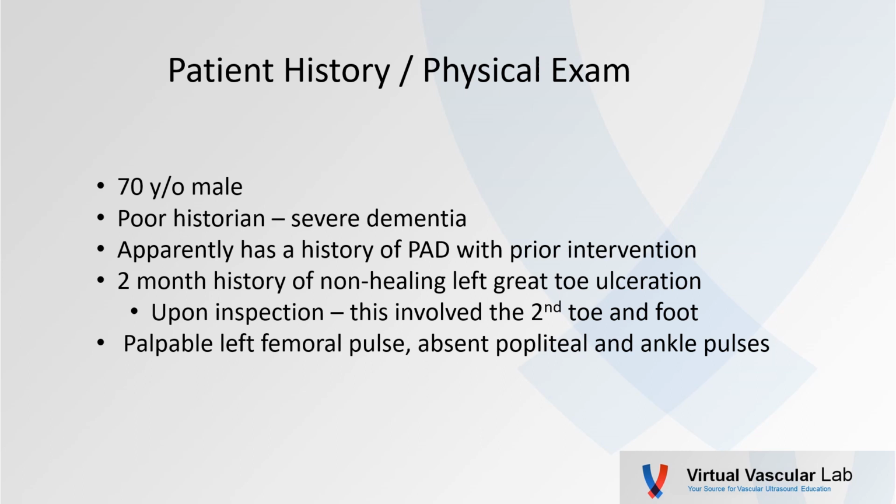He had a 2-month history of a non-healing left great toe ulceration, or that was the indication on the order. However, upon inspection, I noticed this involved not only the great toe, but also the second toe and part of the forefoot. He did have a palpable femoral pulse, but absent left popliteal and ankle pulses.